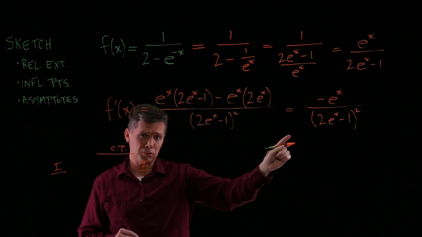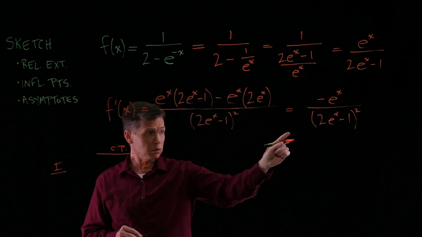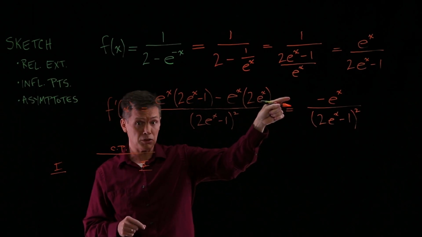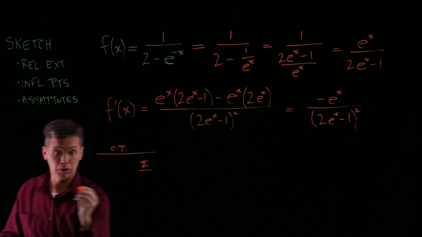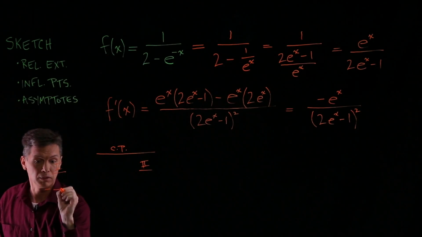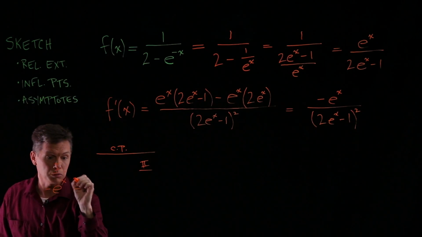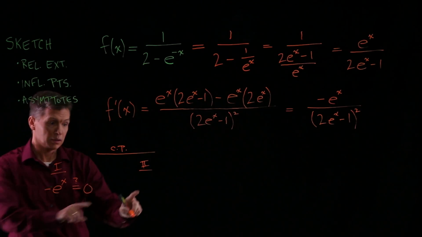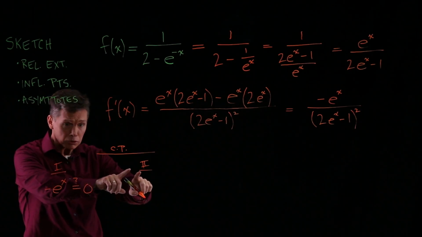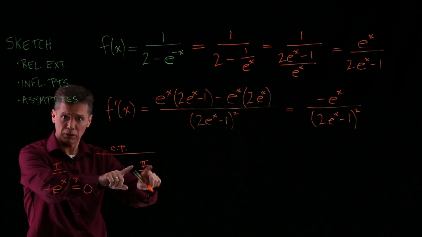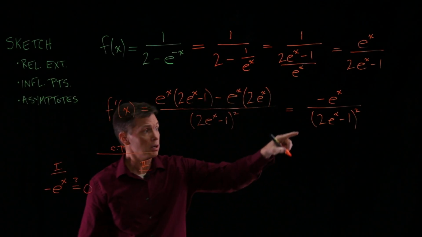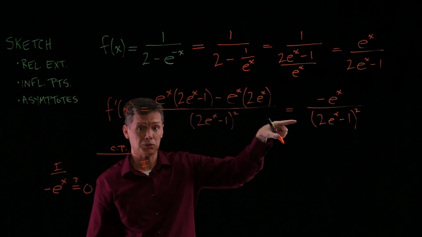Type 1 is where the first derivative equals 0, which for me in a fraction means the numerator equals 0. So I'm looking at minus e to the positive x. Where does that equal 0? And type 2 critical points is always where the first derivative does not exist, which in a fraction always means that the denominator equals 0.